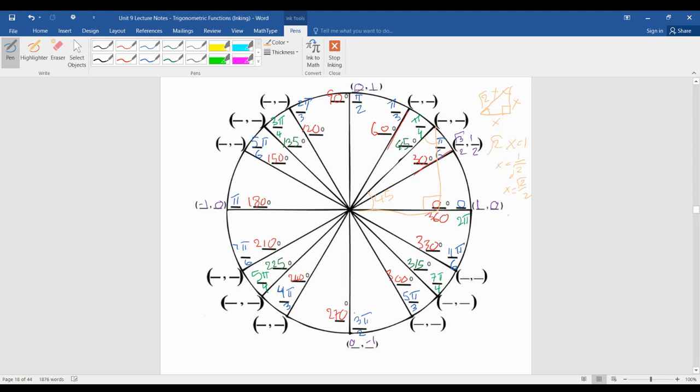So if x is root 2 over 2, it means this x is root 2 over 2, and this x is root 2 over 2. So it means this side is root 2 over 2, and this side is root 2 over 2. So it means the x coordinate is root 2 over 2, and the y coordinate is root 2 over 2.